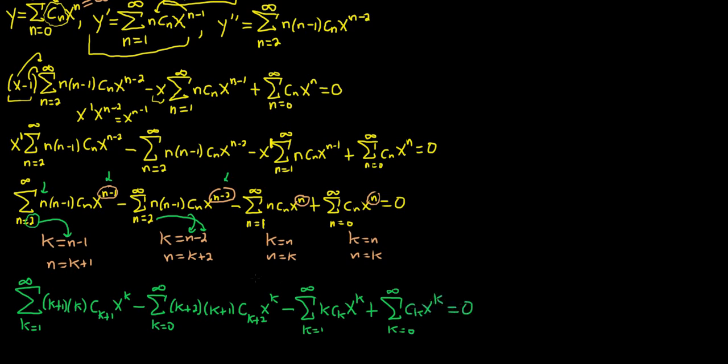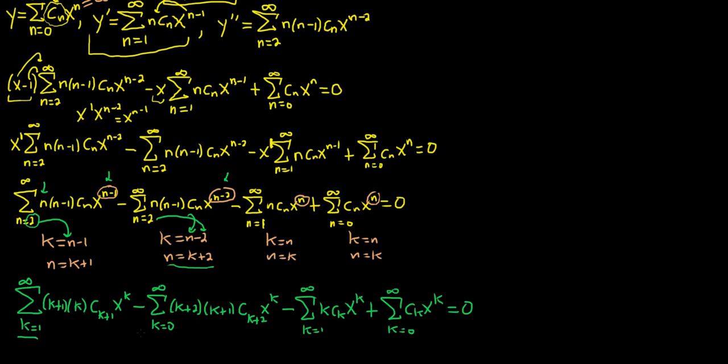I'm going to go back and just check this second one here because I did it kind of quickly. So let's see, n is k plus 2, looks okay. k plus 2 minus 1 is k plus 1. Yep, everything looks good. Okay, just double checking, looks good. So now we have to make them all start at the same number.